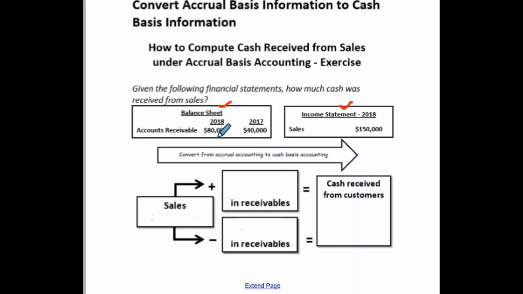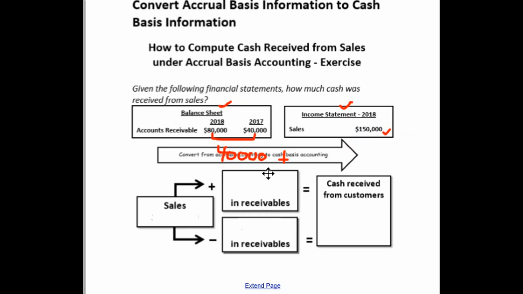From that, we can compute the change between the two. Forgive my handwriting with my mouse, but we had a $40,000 increase between 2017 and 2018. Also, I have my income statement for 2018 showing sales of $150,000. So this gives me all the information I need to compute the cash received from customers.